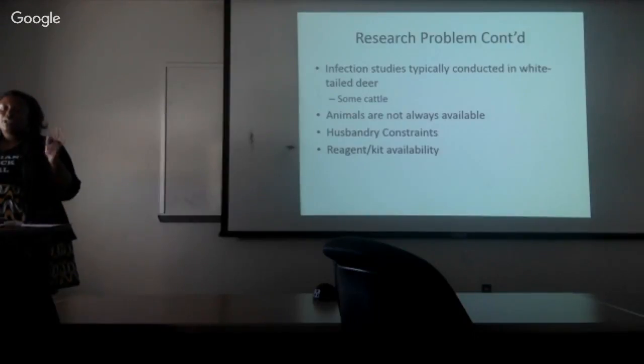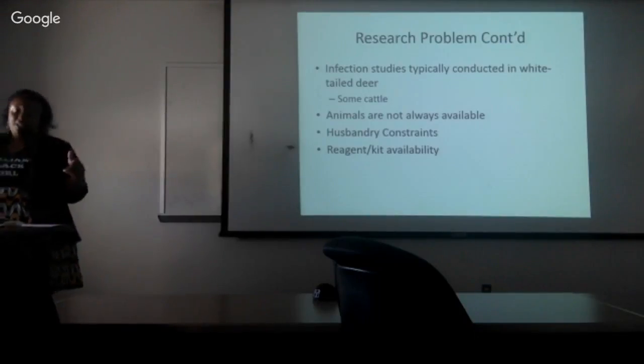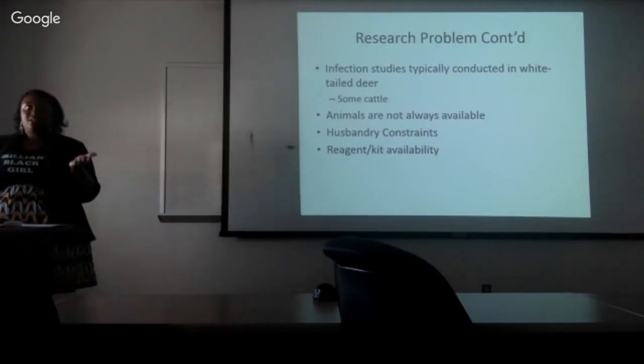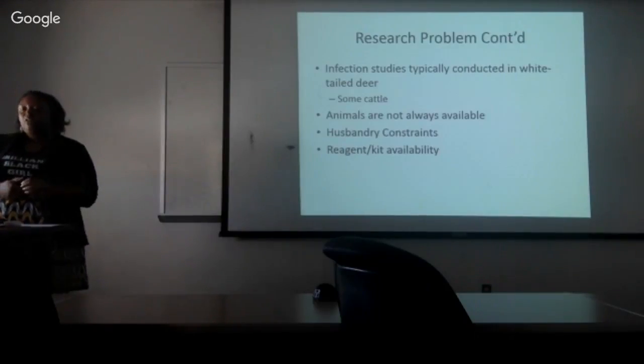And then especially here in the Southeast, the disease is kind of ubiquitous in the environment, so they have to be housed indoors and in special units so that they don't get exposed naturally to the virus before we can infect them. And then additionally, the deer are pretty awesome to work with. There are not always reagents and kits that are commonly available for other animals available for deer.